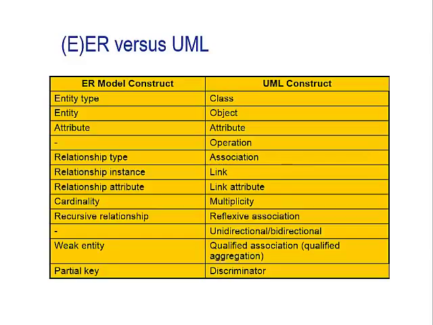In UML, we can add a direction to the association. Remember that the direction specifies how the association will be navigated. Unidirectional or bidirectional. We don't have that option in ER. In ER, we have weak entity types, which in UML are modeled using qualified associations. In ER, we have a partial key, which in UML we refer to as a discriminator.